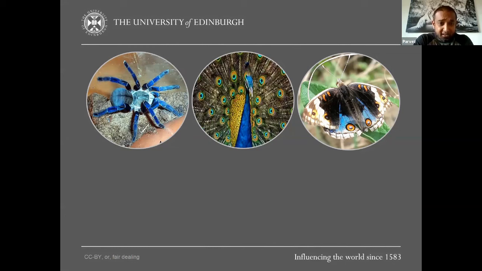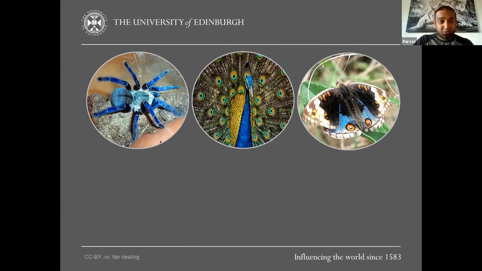One on the left there is the cobalt blue tarantula. In the middle, you have peacock feathers, which have these beautiful eyes on them. And you'll see the eyes also on the right there in Junonia butterflies. And these are all examples of structural color. That is color that is a function of shape.